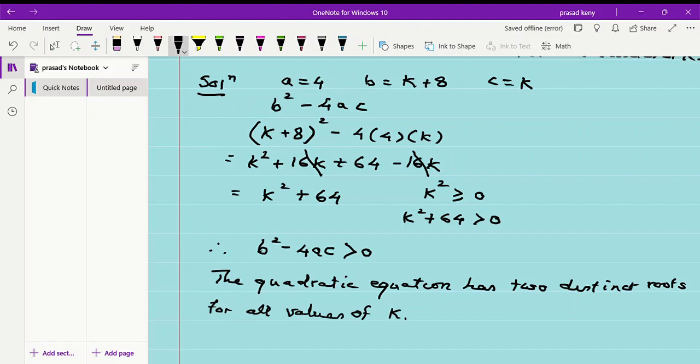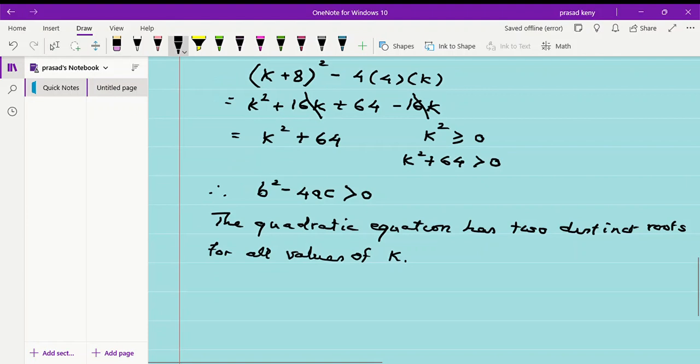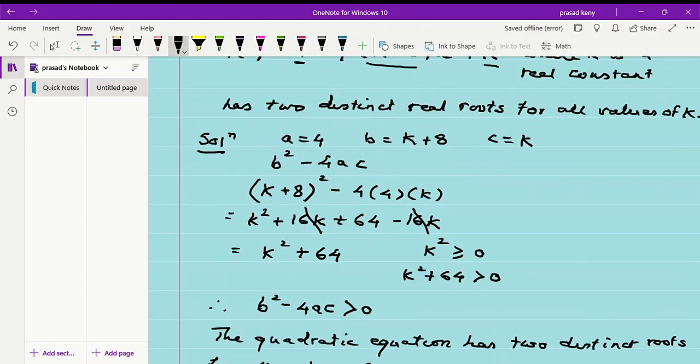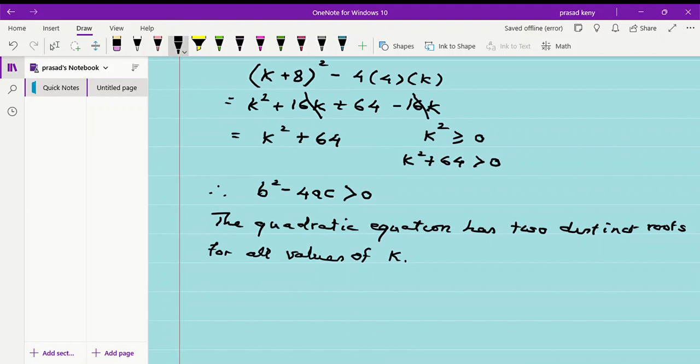Okay, so whenever such problem comes that you have to show that the quadratic equation has always two distinct roots, directly don't start with b square minus 4ac is greater than 0. Take b square minus 4ac and show that b square minus 4ac is greater than 0. Okay, because you have to prove that the quadratic equation has two distinct roots.